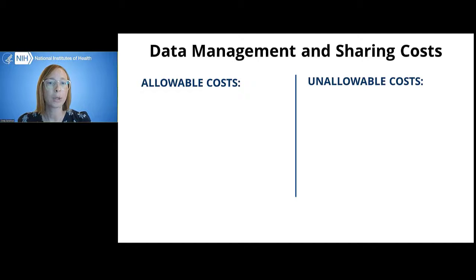You can include reasonable costs to support data management and sharing in your budget requests. This includes funding for activities such as curating data and developing supporting documentation. For example, formatting data according to accepted community standards, de-identifying data, preparing metadata, and formatting data for a repository.